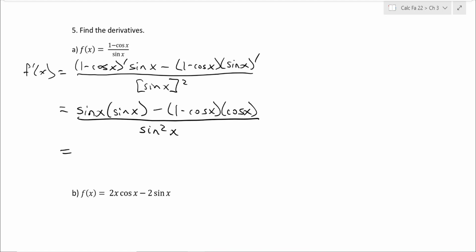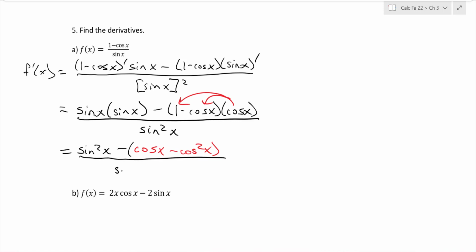All right, so if we rewrite a little bit in the numerator, we get a sine squared x. We'll keep that minus, do it for the next step. So we're distributing in the cosine x here. So we get a cosine x minus cosine squared x all over sine squared x.